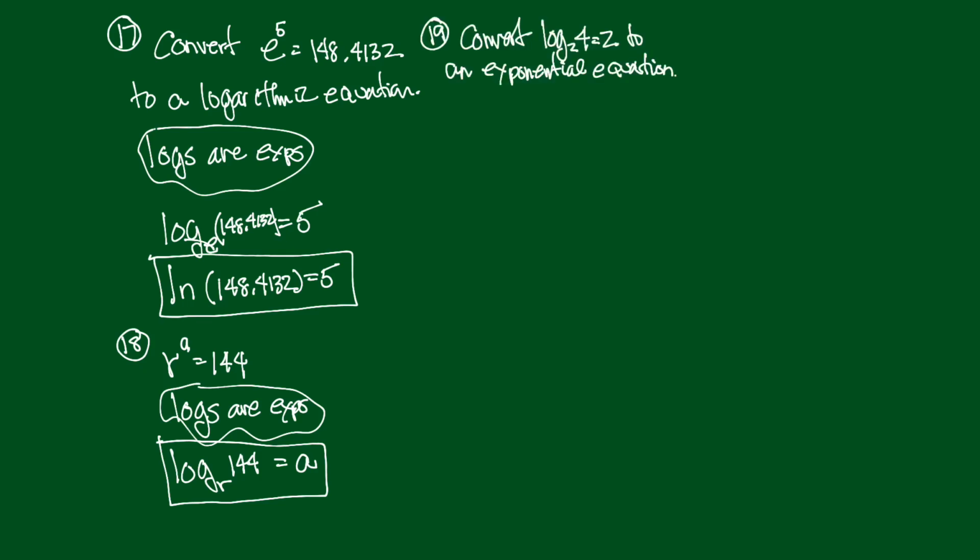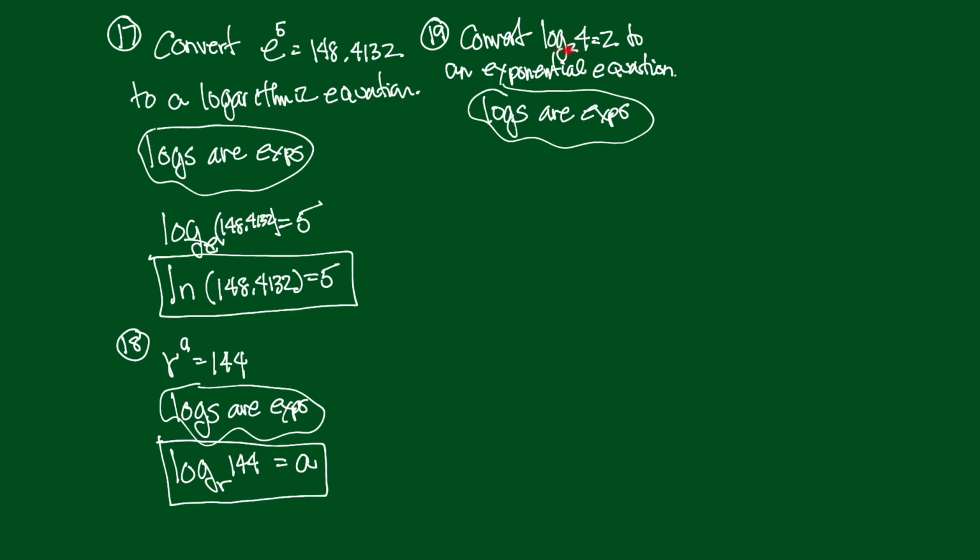Now here in number 19, we want to convert this logarithmic equation to an exponential equation. And we're going to do it by remembering that logarithms are exponents. So read what you have and then translate it.